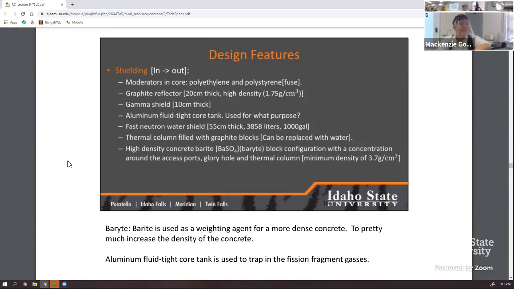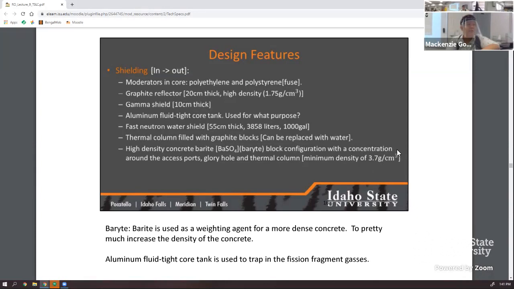And so understanding that these different thicknesses are required to make sure that the radiation levels in the control room are within the specified limits. Okay? One thing to note is that this is concrete barite. Okay? That block, it's a specific type of concrete that is at a higher density than like the normal concrete blocks you pick up at Home Depot, right?